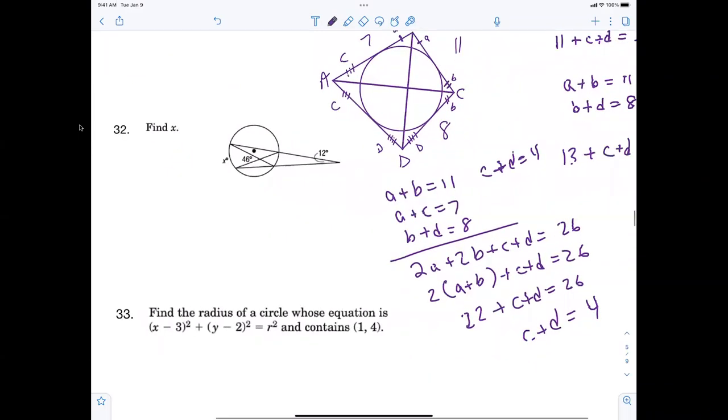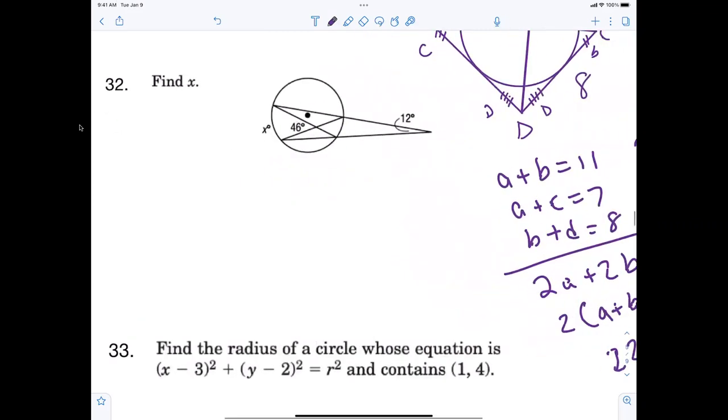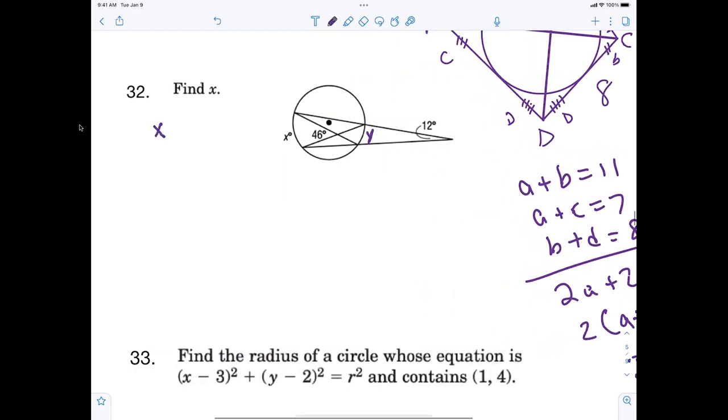All right, let's go ahead and look at number 32 now. Okay, so here, let's make this a y right here, guys. And then that relates. So we would say x plus y divided by 2 must equal 46, right?